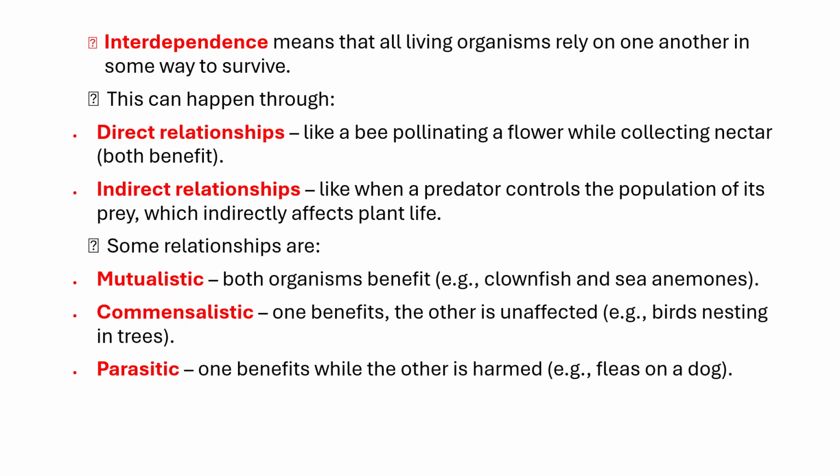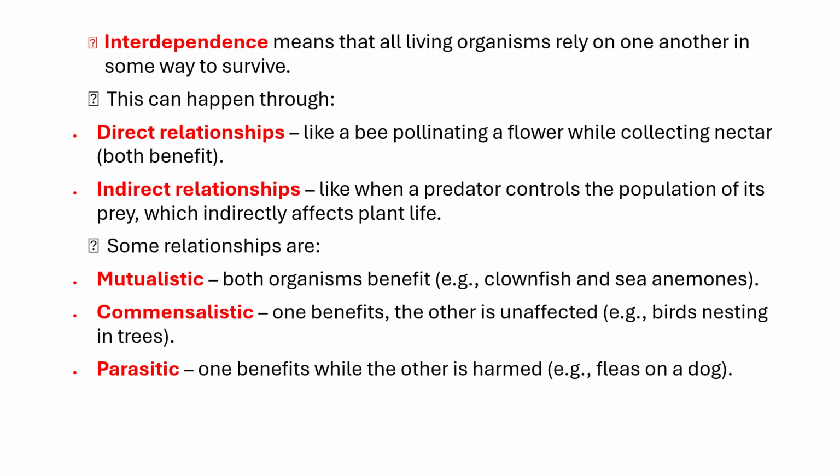For example, a bee pollinating a flower: while collecting nectar, the bee gets food through the nectar and the flower gets pollinated. Indirect is, for example, how a predator controls the population of its prey, which indirectly affects plants' life.